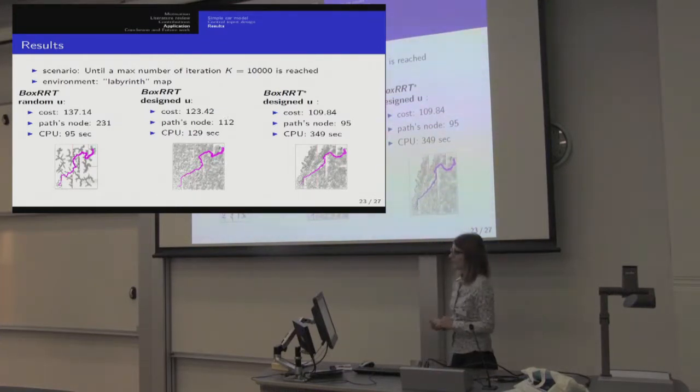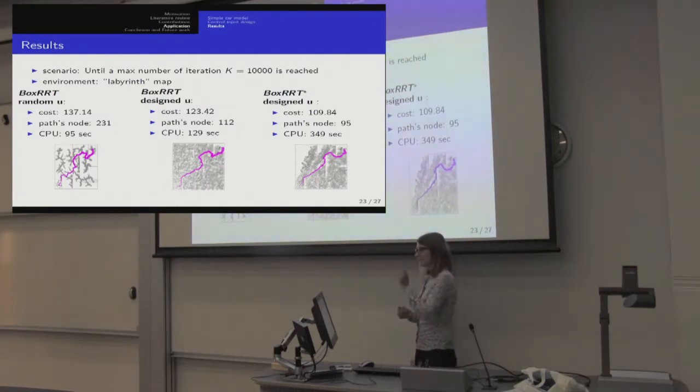Did you try to apply such a method also in an easier environment, with less obstacles? Because in this kind of situation, you expect to obtain a straight line. Yes, of course. When we test mission planning tools, we start with an environment without obstacles, even if we expect to obtain good results afterwards when we have a complex situation. I haven't shown that here because I thought, okay, let's present the labyrinth map.